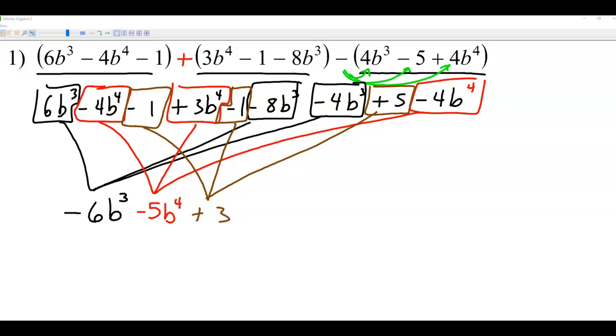Now just as a side note, this is technically the right answer, but when you're dealing with polynomials, typically we'll put them in descending order, which is where you start with the term that has the biggest power and you work your way down. So this term has the biggest power, so I'm going to put that first. And then negative 6b cubed has the next biggest power, so that will come second, and then 3.